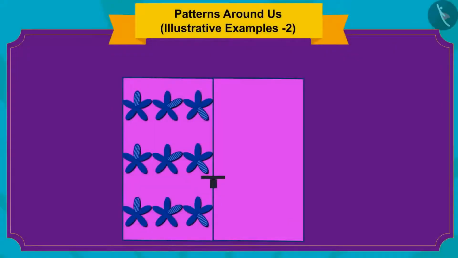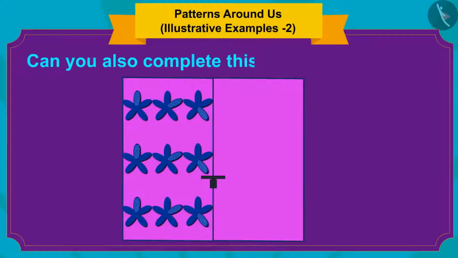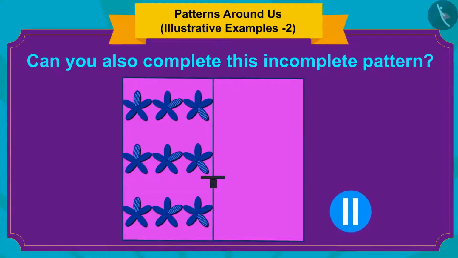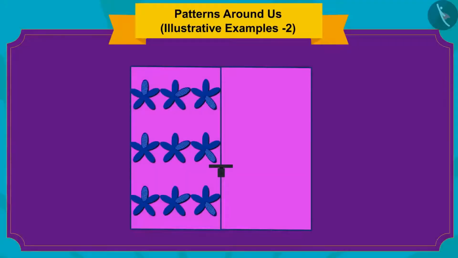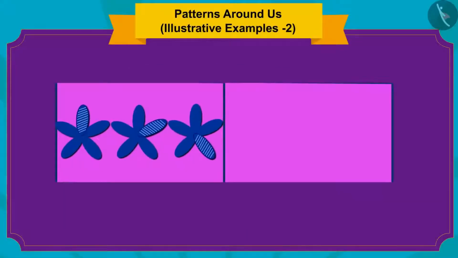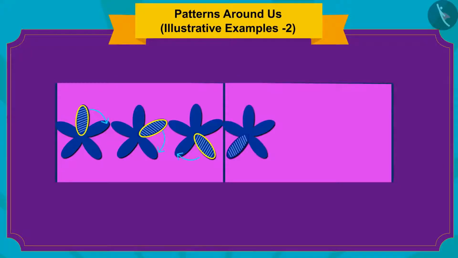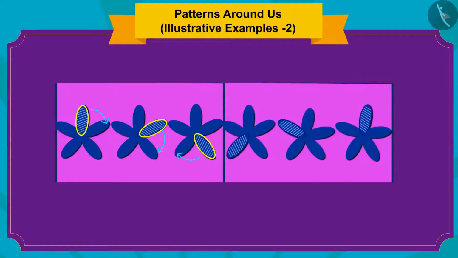Children, can you also complete this incomplete pattern? If you want, you can stop the video and find the answer. Yes! The petal of the flower on which the diagonal design is made here is seen in the petal next to it in the next flower.